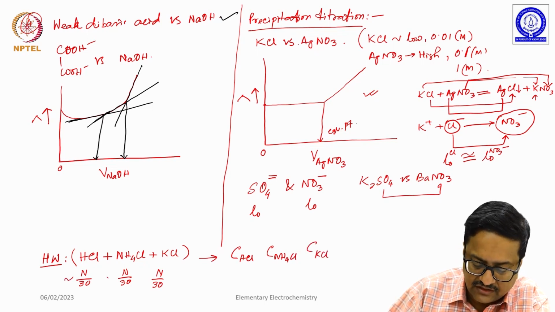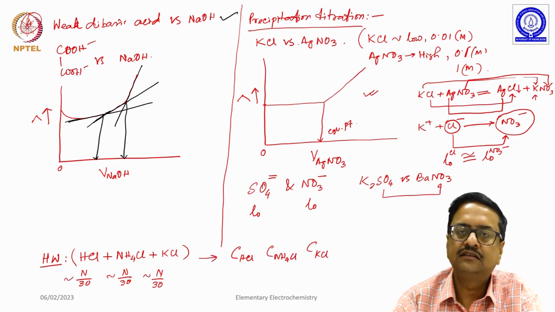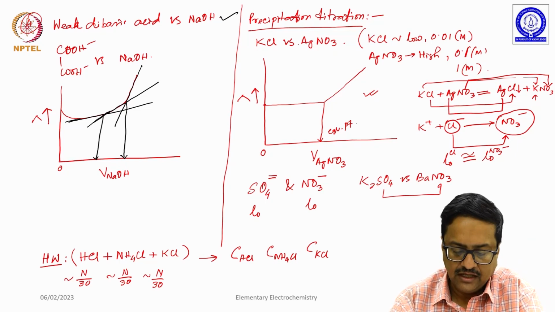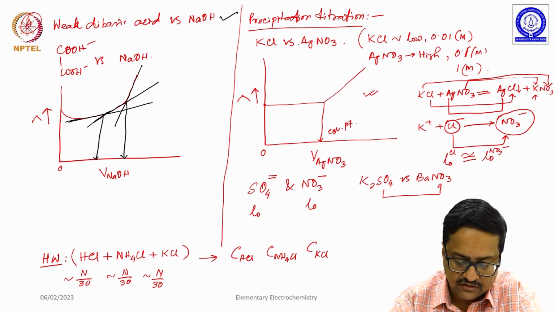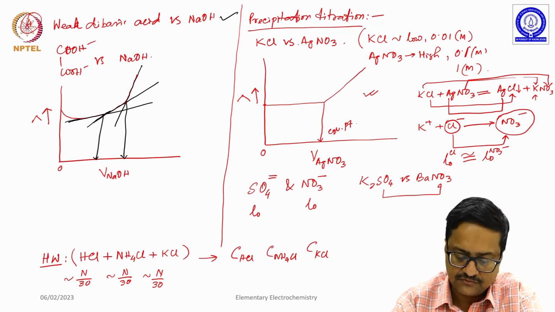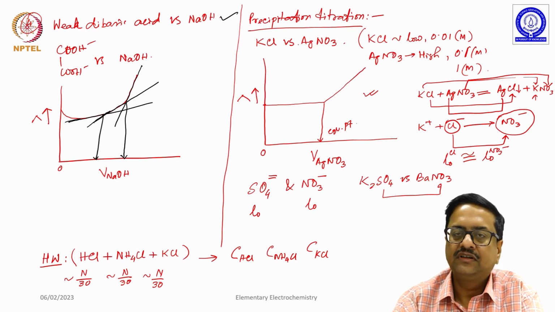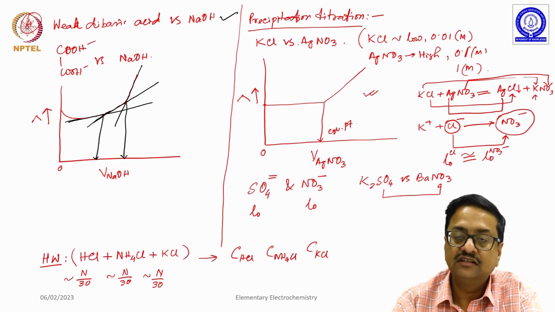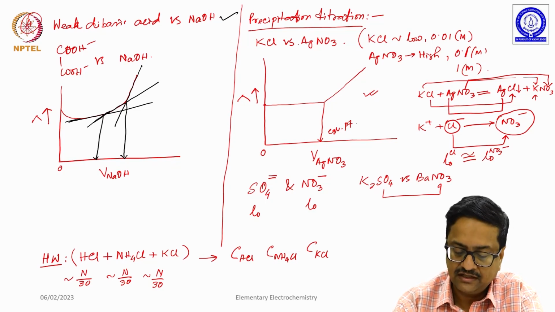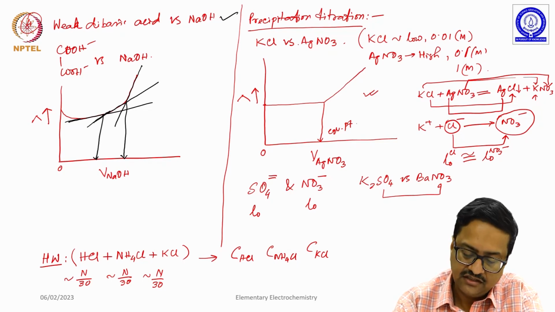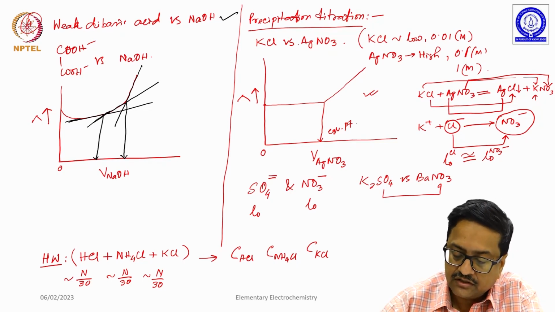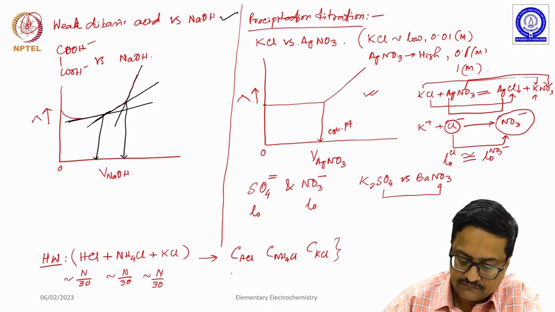These are all made approximately, and then I want to know the exact concentrations of HCl, ammonium chloride and potassium chloride in this solution using conductometric titrations.